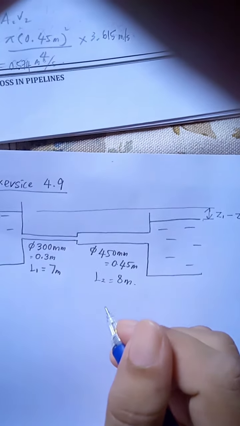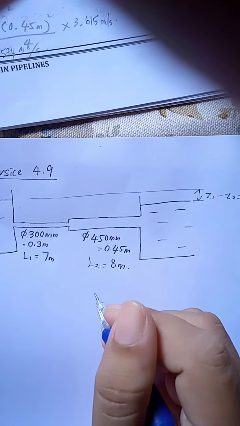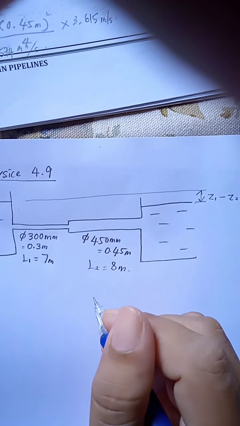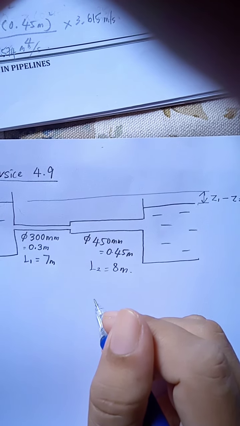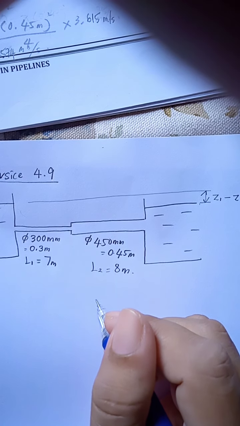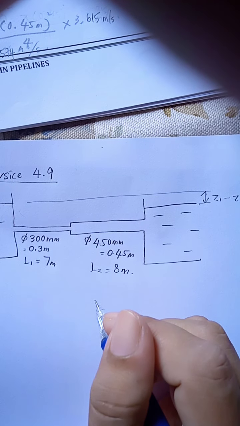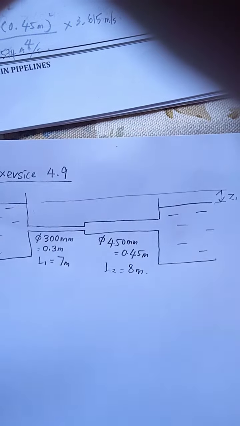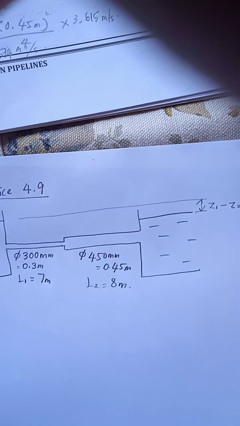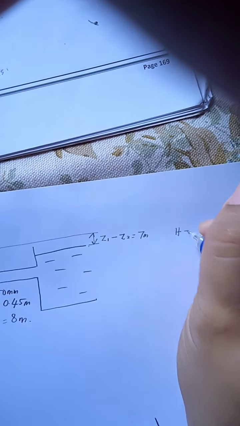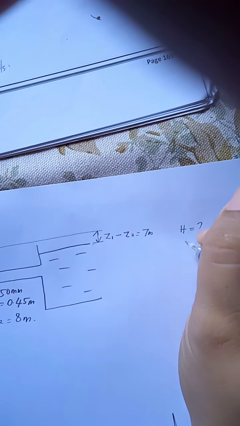Then tabulate the losses of head which occur and calculate the discharge in meter cube. So calculate H. What is H? What is Q?